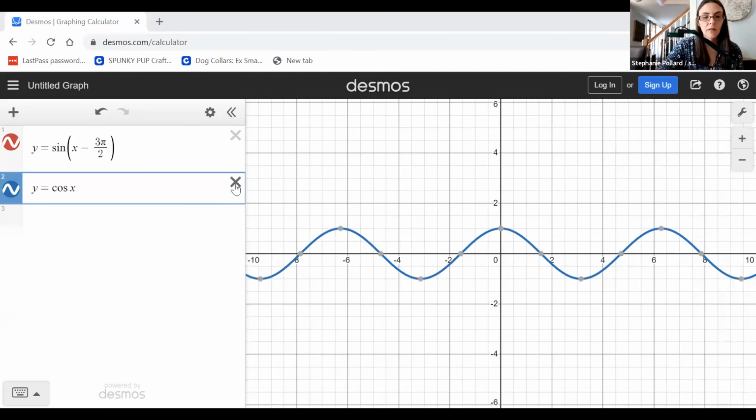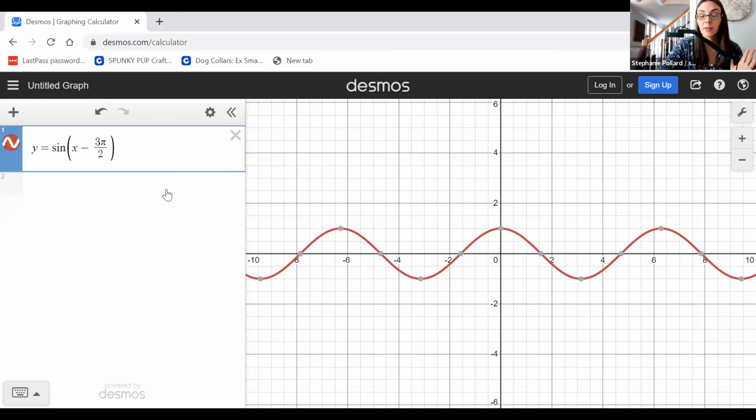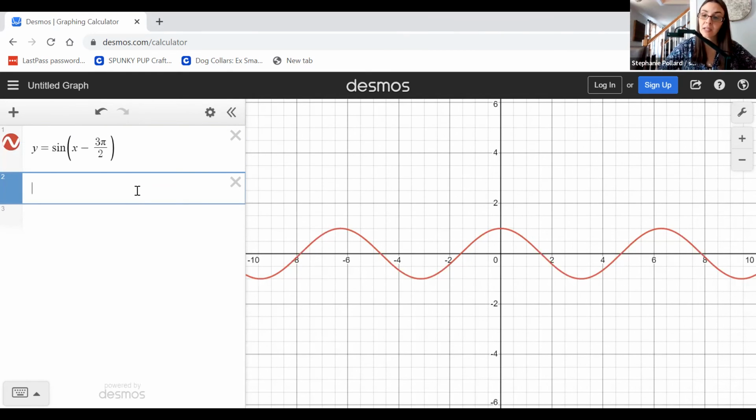I should have had this ready to go already, but I did not. So I'm going to turn off the blue one for a second here. Oh, I didn't mean to erase it, but I did. So there is the original function, sine of x minus 3 pi over 2.